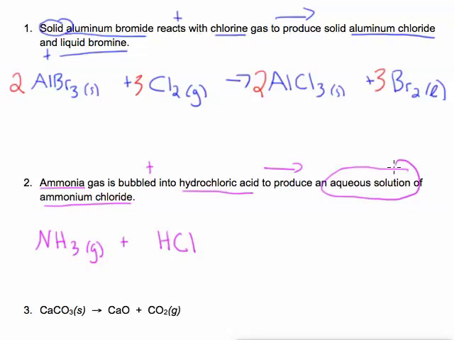So that means this hydrochloric acid started as an aqueous solution instead of just a liquid. So some of it's not explicitly stated. You have to read and think. We have ammonium chloride. If we drop and swap, we get NH4Cl, aqueous. If we count everything, we can see that we're all balanced, but I wanted to do that example because I wanted to make you practice figuring things out on your own.